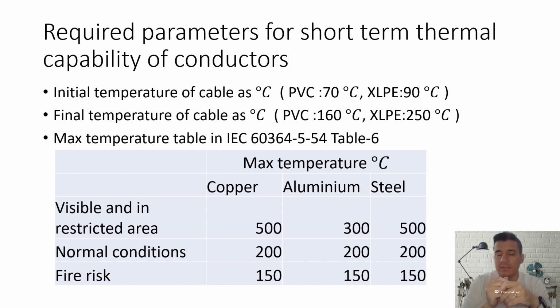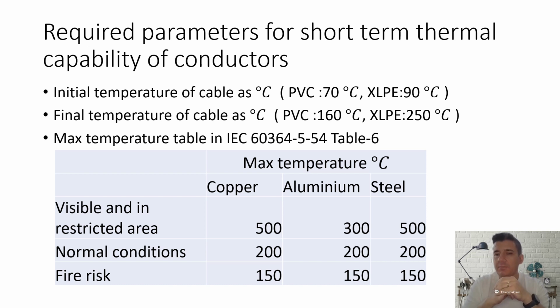On the other hand, the international IEEE standard also defines some limitations. As you see, we cannot use 600, 700 degrees for final temperature. Of course, we know that the melting temperature of copper is more than 1083 degrees Celsius. But according to the international standard, if it is in a visible and restricted area and you are using copper, your maximum allowable temperature is 500.